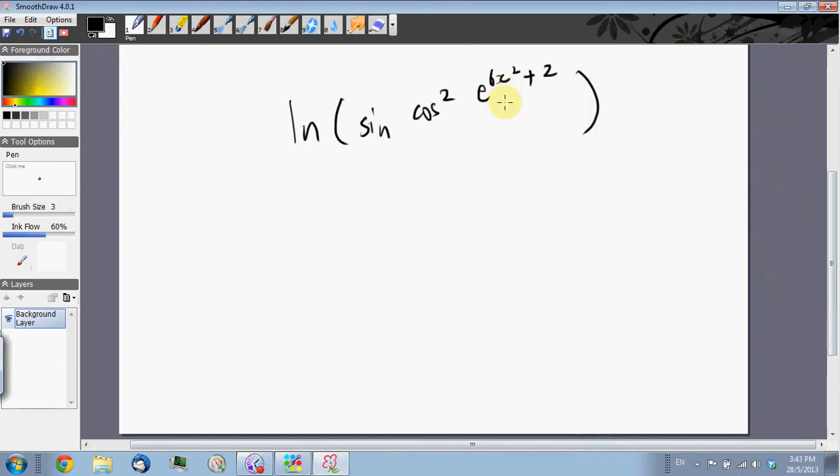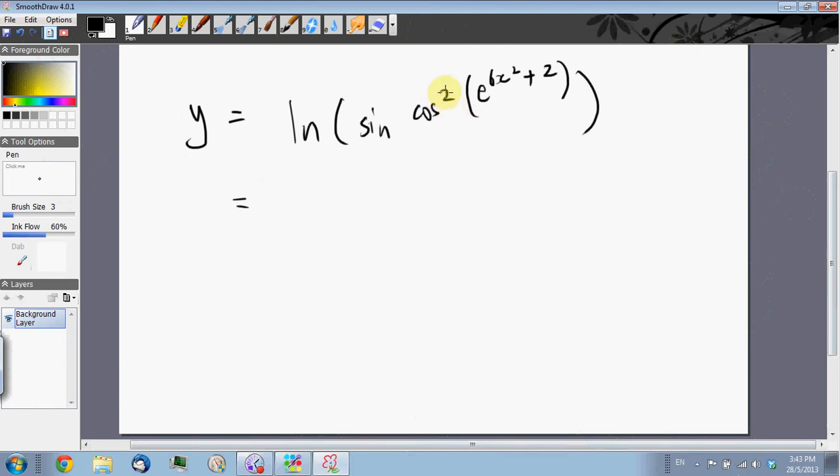It's like you have e to the power of something, you cosine square it, and then you sine it. You can kind of ignore this, I don't think it'll come out. It's very deep in, but this is the difficulty: you need to keep on differentiating what's inside.